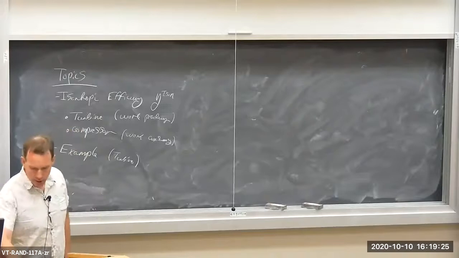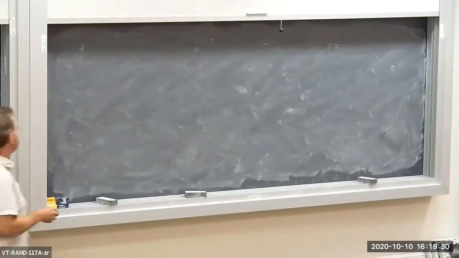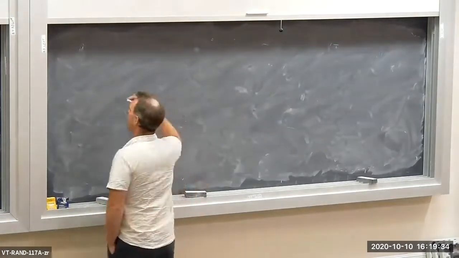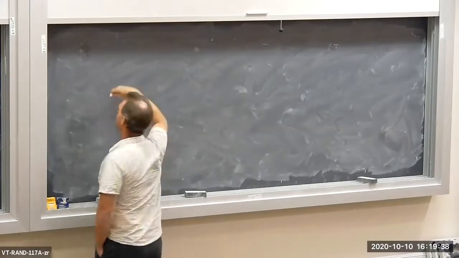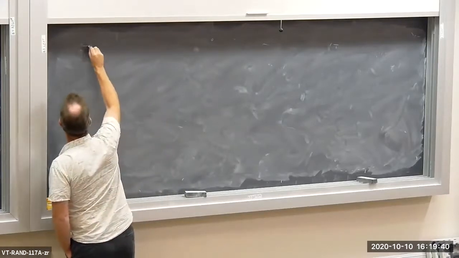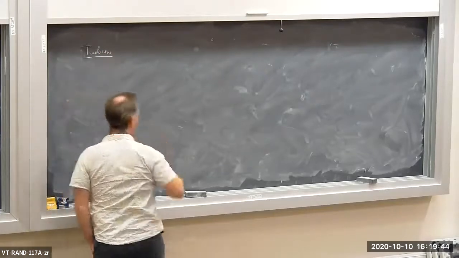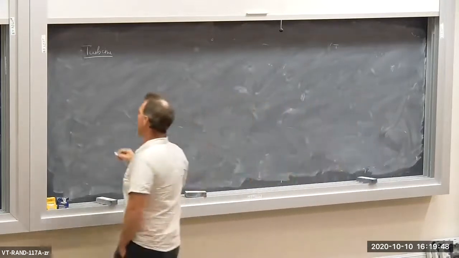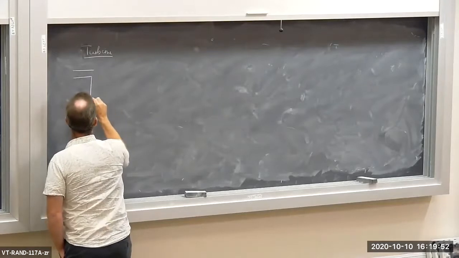Okay, so let's get started here. Let's say we have a real turbine. Okay, so we have some sort of a turbine. Now this turbine receives a certain inflow of something.